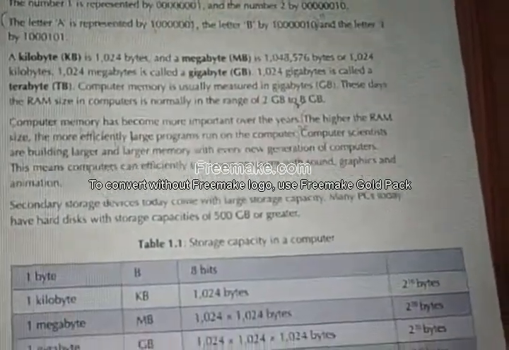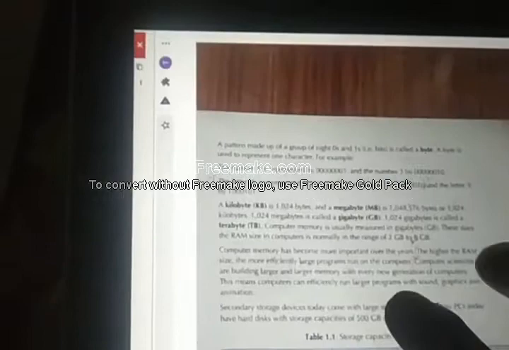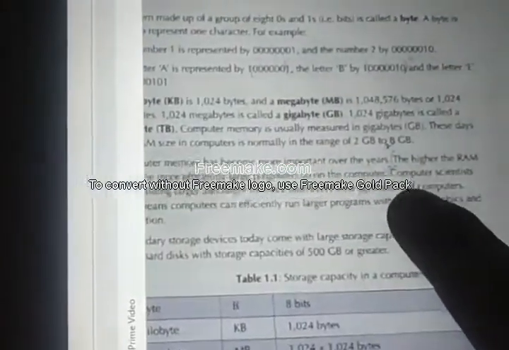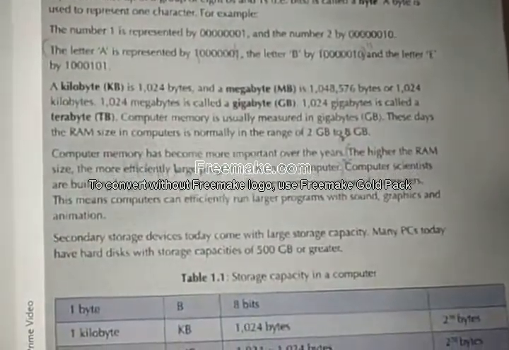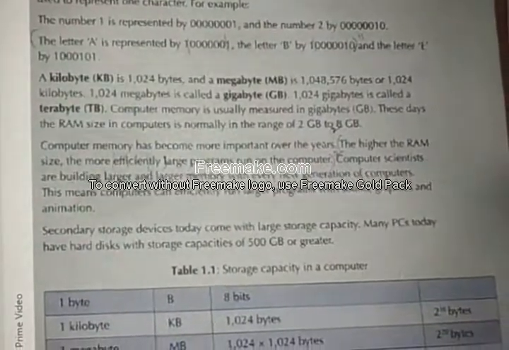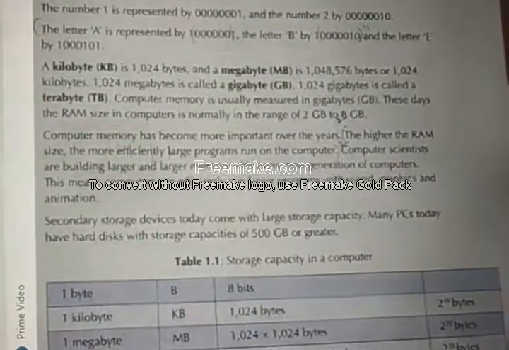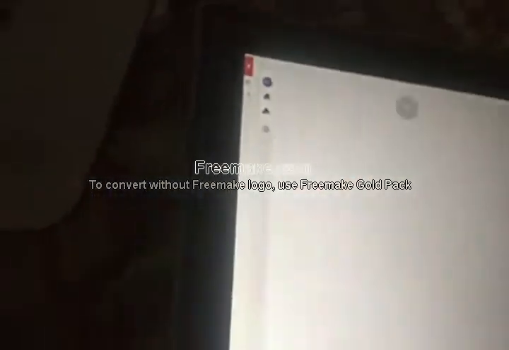The higher the RAM, from there to the next line, computer. The higher the RAM size, the more efficiently large programs run on the computer. If the RAM is higher, large programs can be run on the computer. That's it. Okay. Next.